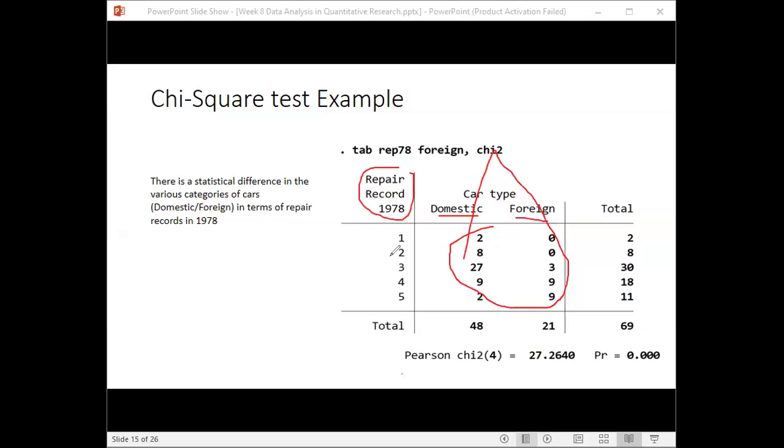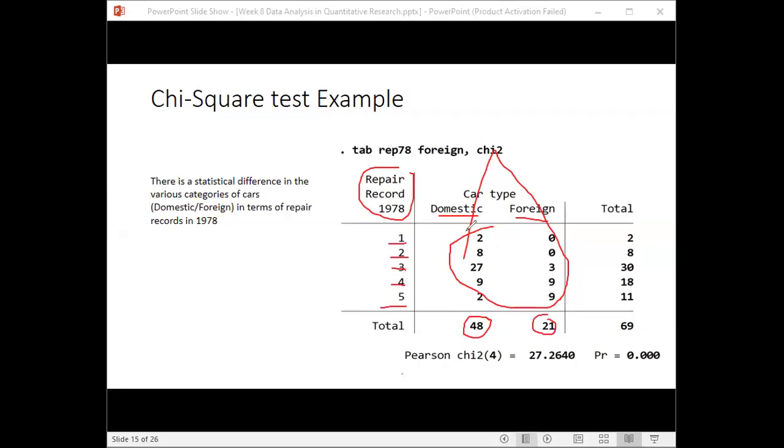The categories 1, 2, 3, 4, 5 are the repair record, so maybe you came once, twice, 3 times, 4 times, 5 times. And so you can say that 48 cars were domestic and 21 cars were foreign.